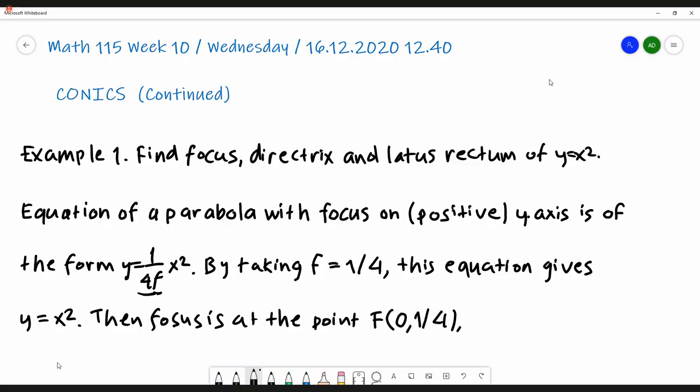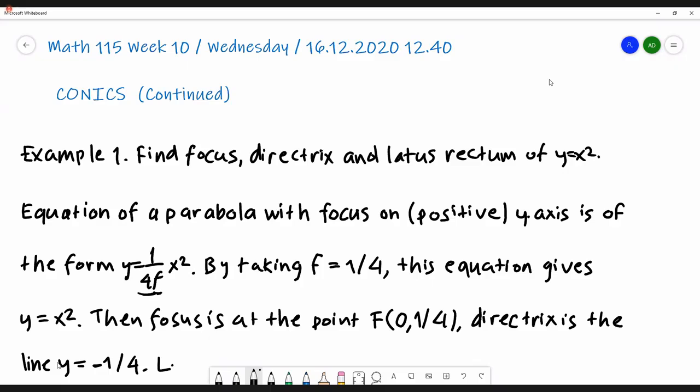Now to find the equation of the directrix: the directrix is perpendicular to the axis, and it passes through the point which is symmetric to the focus with respect to the origin. So the directrix for y equals x squared is the straight line y equals minus 1 over 4.